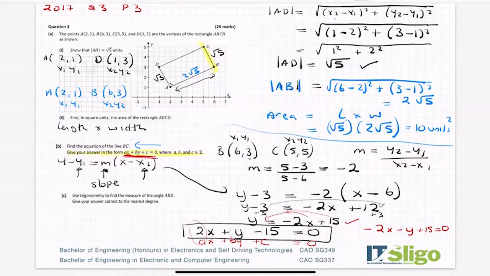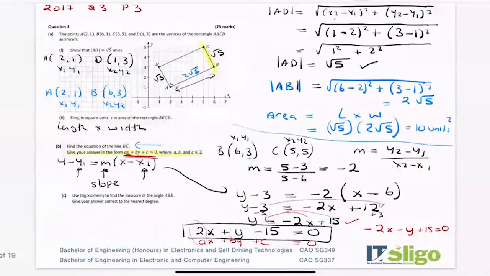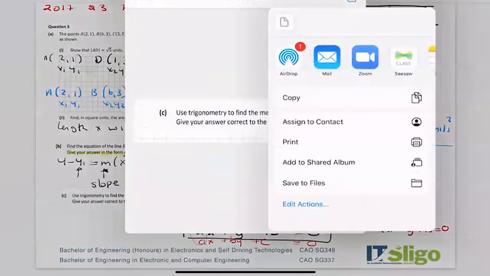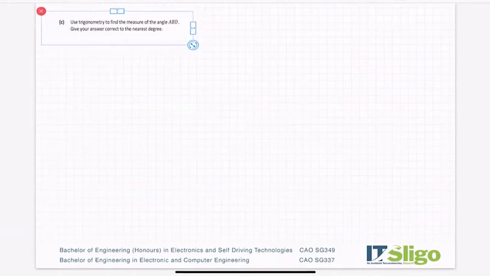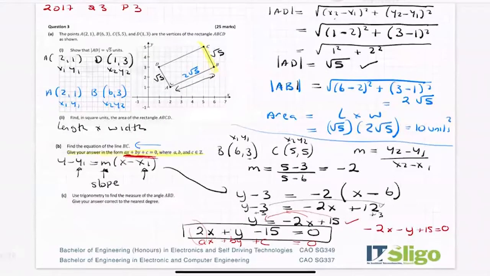Now the last part of that question, I'm just going to go onto a new page because I'm running out of room. Let me copy this piece. Use trig to find the measure of the angle ABD. Give your answer correct to the nearest degree. I'm also going to come back here and take the diagram.